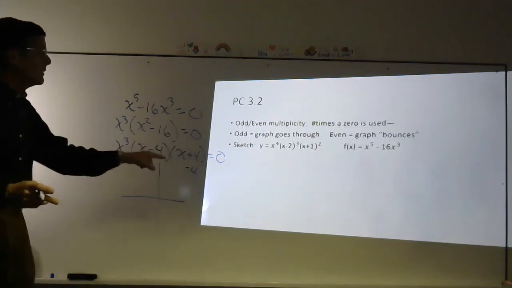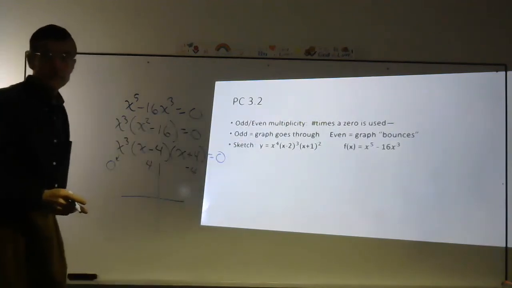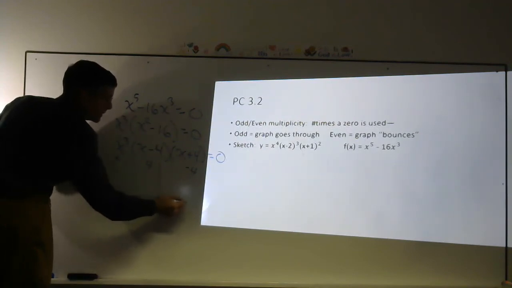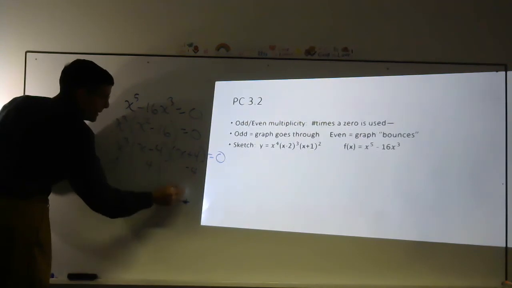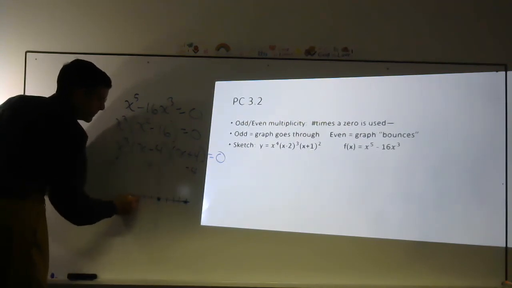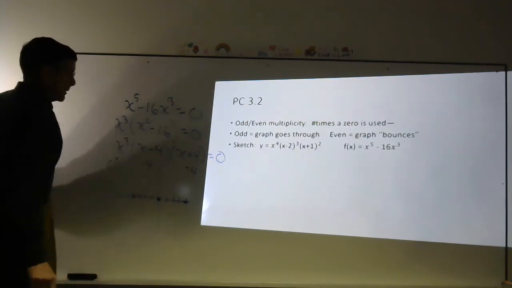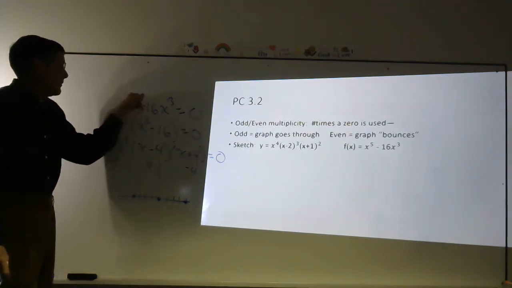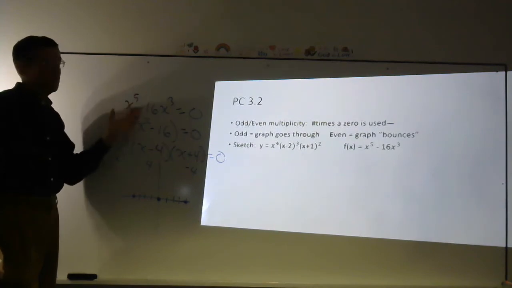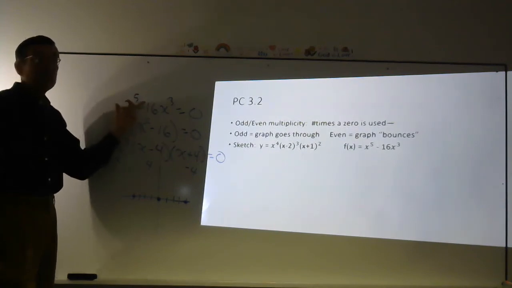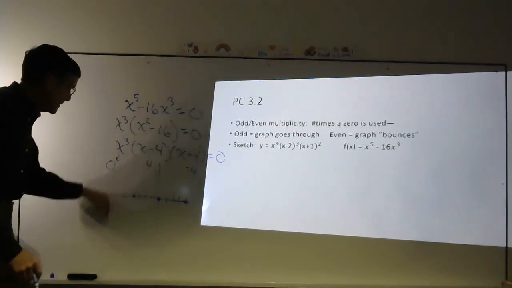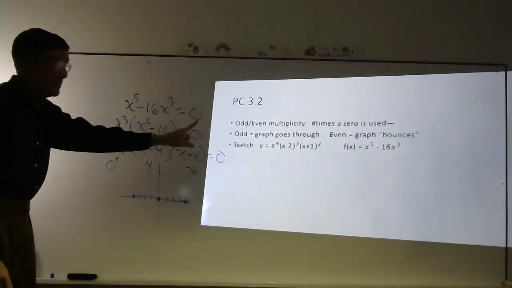So everything here is odd multiplicity. Okay? So I know I have a 0 at 0, a 0 at 4, and a 0 at -4. And now let's check. Oh, here it is. The leading term is an x to the 5th. It's an odd power that is positive. Isn't it down on the left, up on the right?